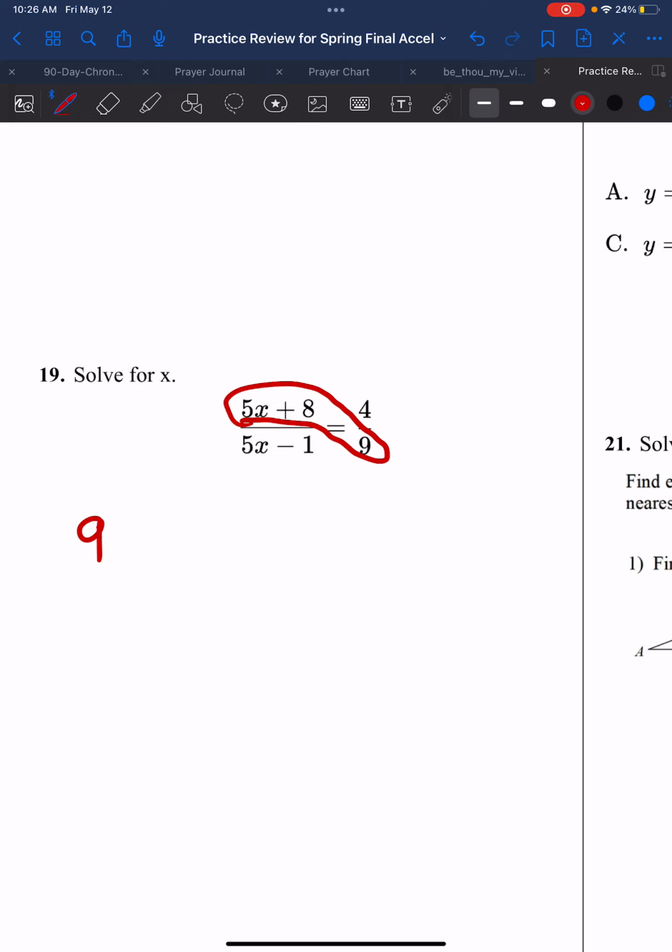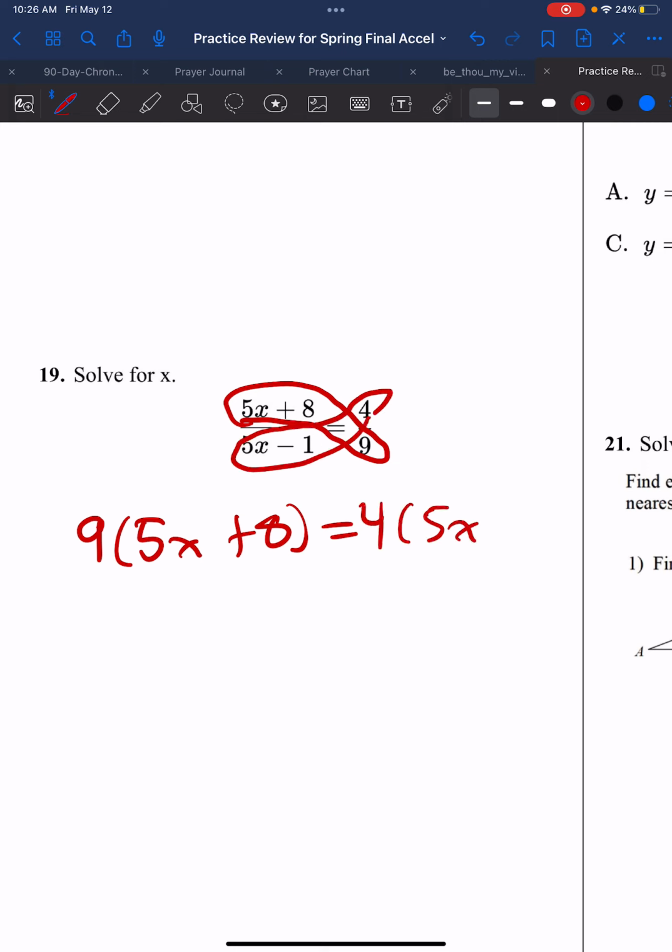So 9 times 5x plus 8 equals 4 times 5x minus 1. And the reason why I'm writing in parentheses is I have a monomial, just a regular number, times a binomial, and it needs to be multiplied by both by distributing it. I'm going to do that there.